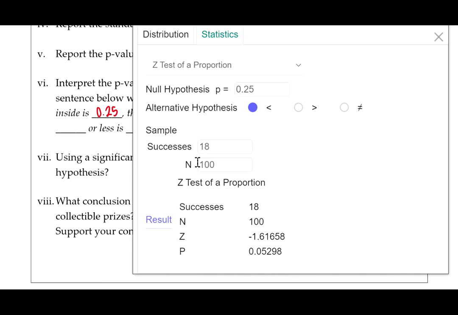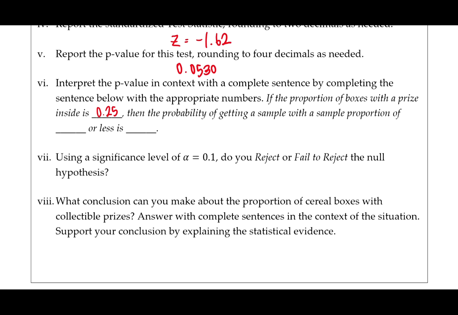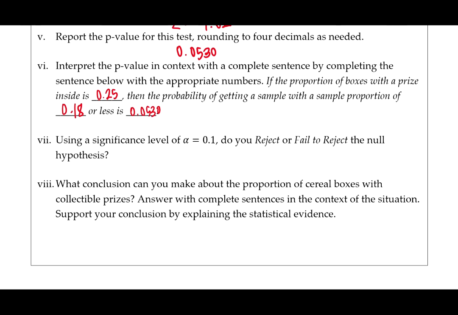So we had 18 successes divided by 100. That gives us a sample proportion of 0.18. Then the probability of that happening, or less, because that's or more extreme, is 0.0530. That's our p-value. Using a significance level of 0.1, do you reject or fail to reject?